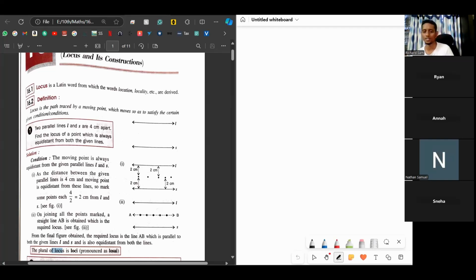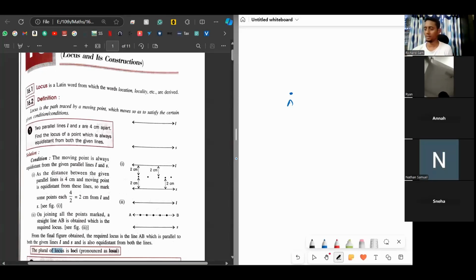Okay. Now, for example, if I have a point A and I tell you, draw the locus of a point which is 2 centimeters away from A. That means you need to show all the points which are 2 centimeters away from A. So how will I get any point 2 centimeters away from A?